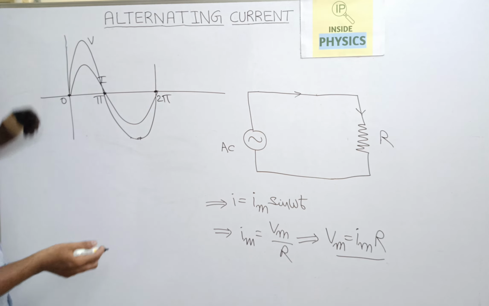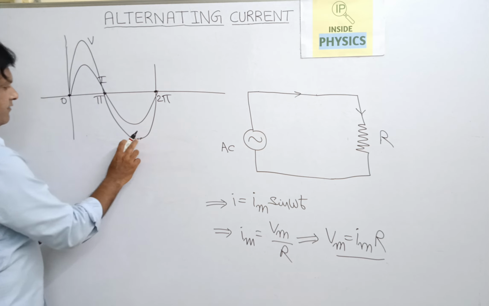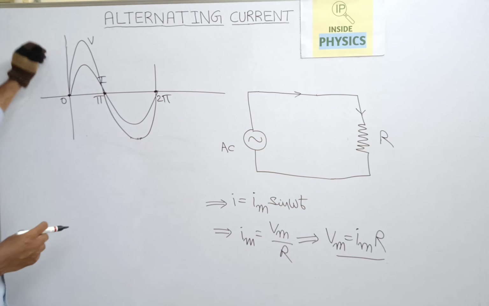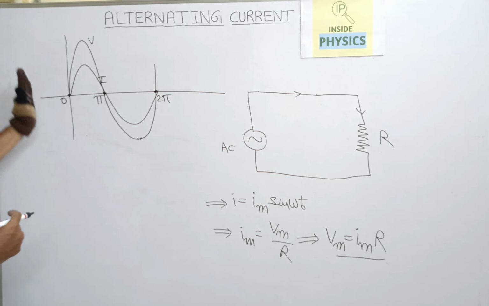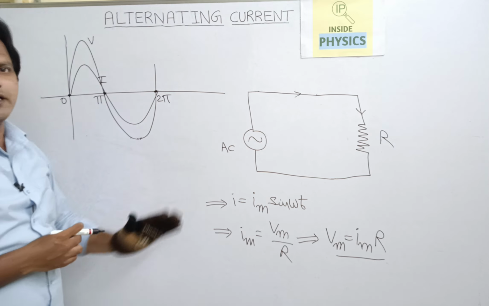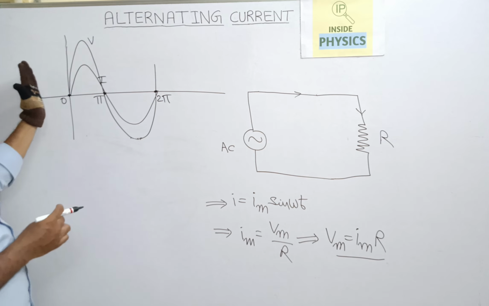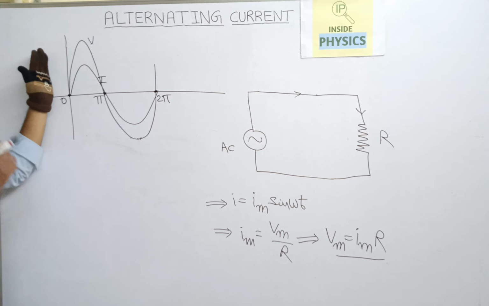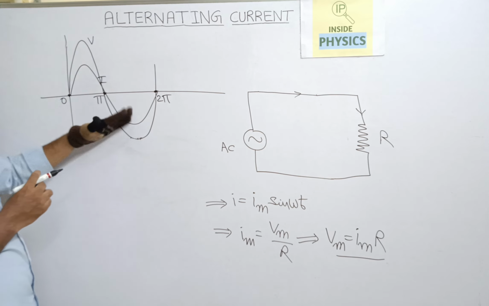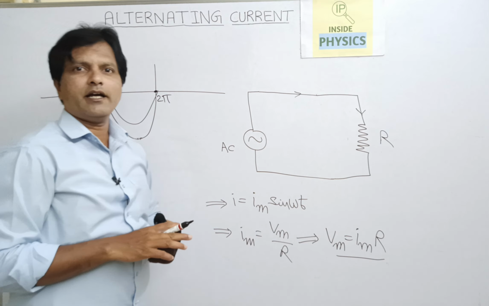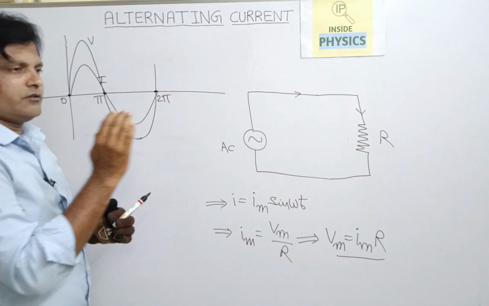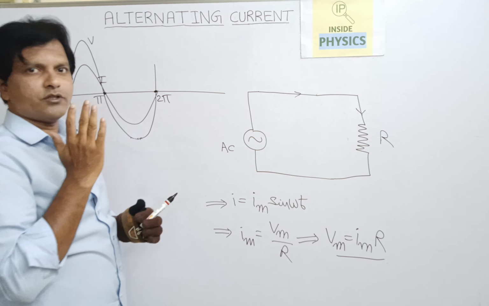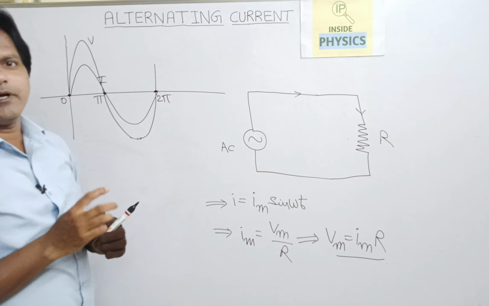So here, if you take the average current, why do we need the concept of an average in alternating currents? The current keeps on changing like this. In this pictorial graph the current is shown like a sine curve, but actually the direction of the current is back and forth, forward and backward.